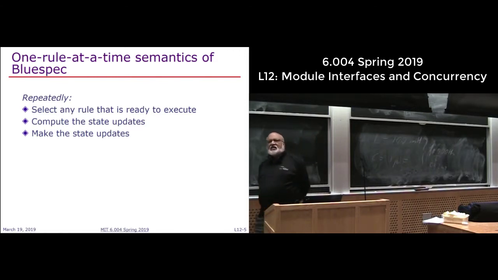Now it may look like I'm backpedaling a bit, but this is something which is very, very important. In Bluespec, if I write a multi-rule system, it behaves as if one rule executed at a time. You may have many rules which are enabled. We just pick one and execute that one.